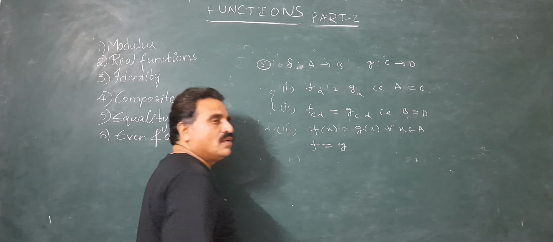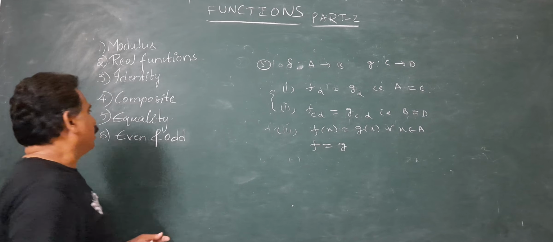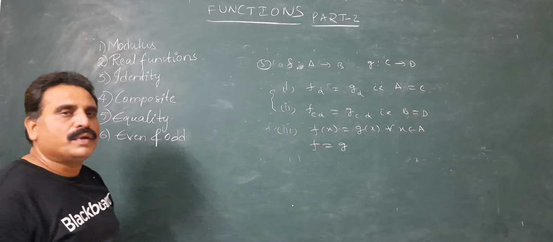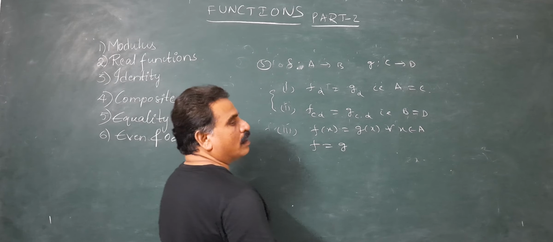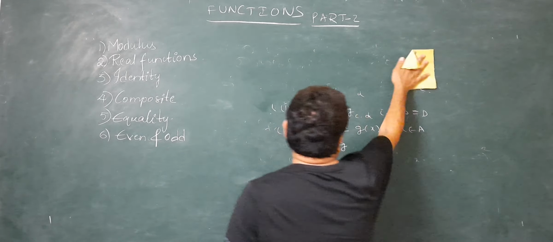F and g functions are equal. That is all. Next, we are going to a very important and interesting topic, that is even and odd functions concept. Now we discuss that. That is the last point.